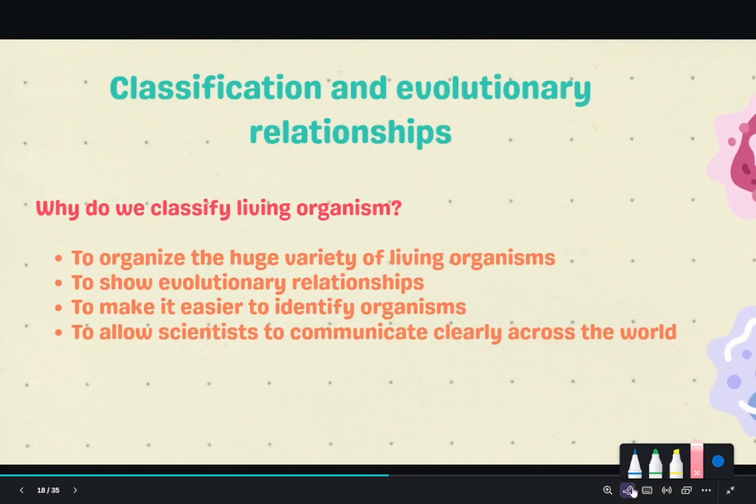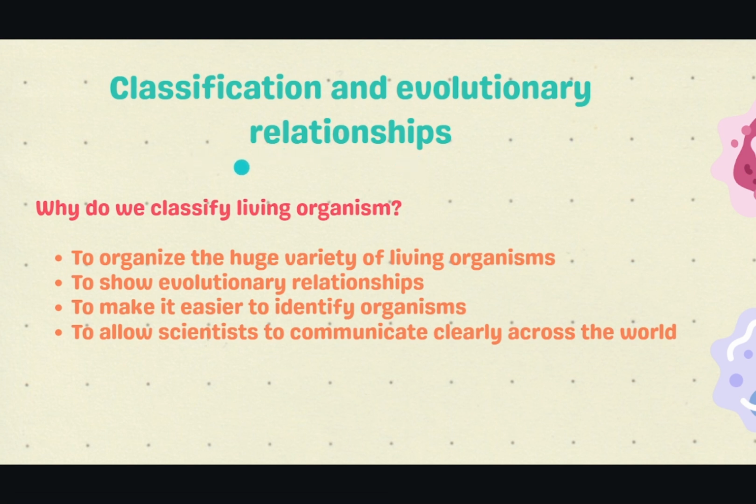So now moving ahead towards the most important part of this lecture, which is classification and evolutionary relationships. Now, first of all, why do we even want to classify living organisms? Well, obviously, to organize such a huge variety of living organisms.